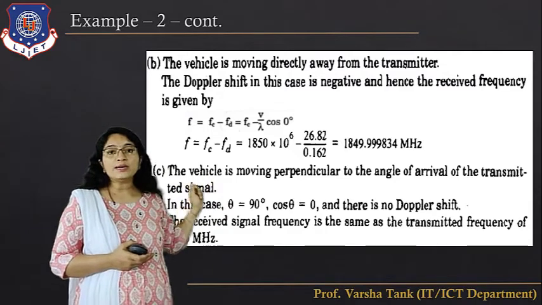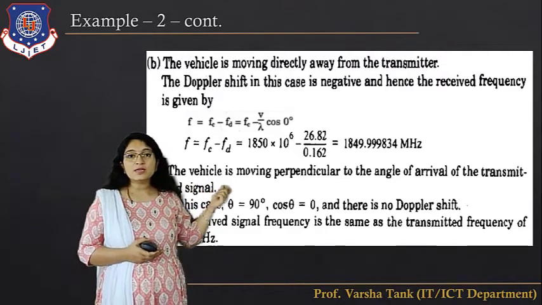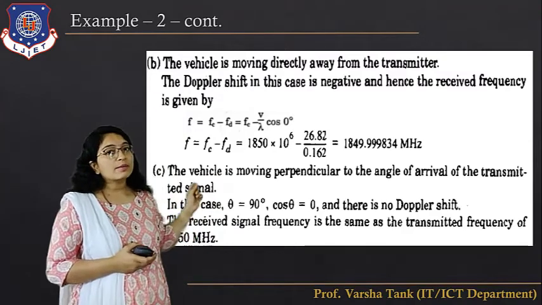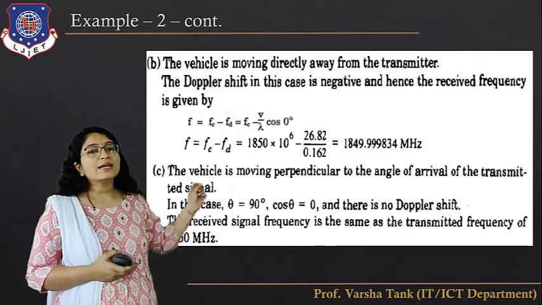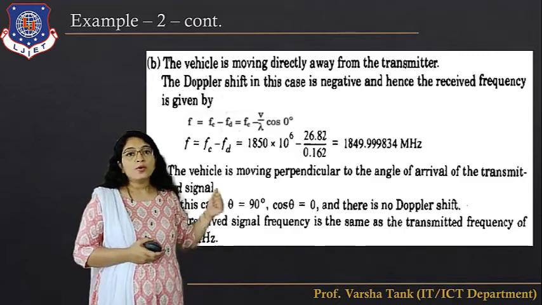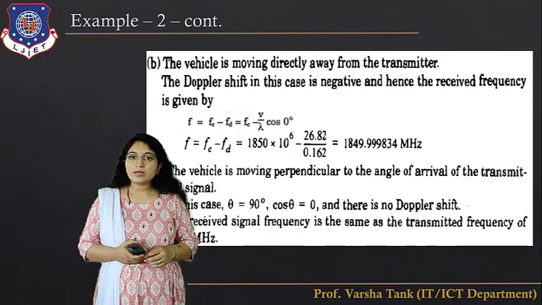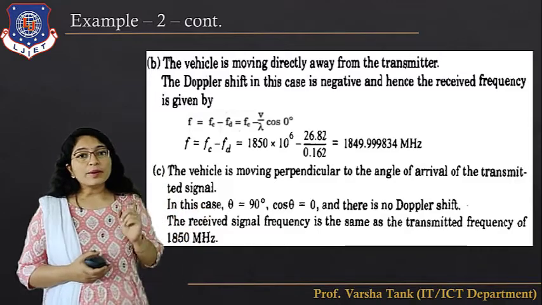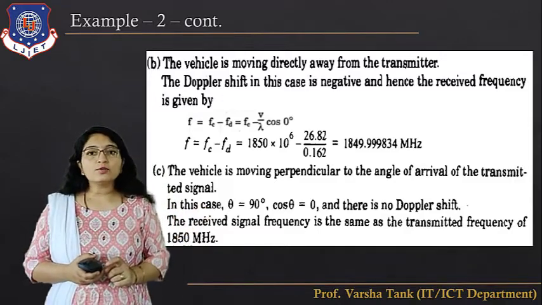Put the values in: 1850, that is fc, into 10 raised to 6 minus 26.82 divided by 0.162. So you will get the answer 1849.99834 megahertz.